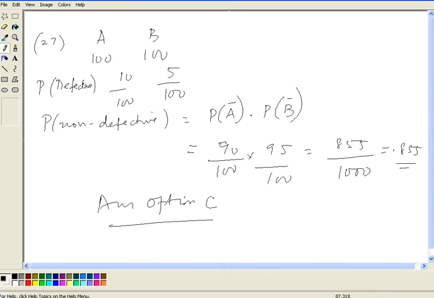Now we want to find the probability of non-defective, if one item is chosen from each.